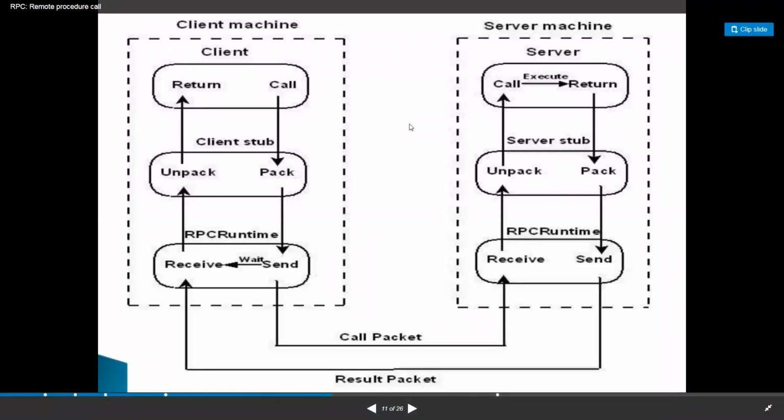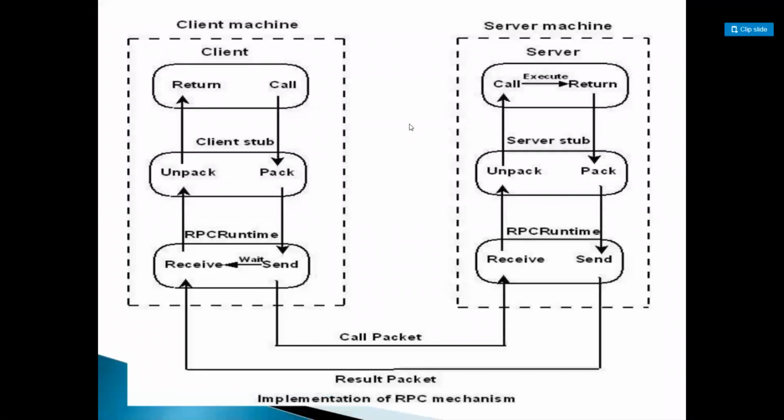In last class, we started RPC, remote procedure call. In that, we have seen the implementation of the RPC mechanism. We saw how the client machine and server machine are involved in RPC, how the client call will be converted to a packet, and how the client call will be packed by using the client stub.